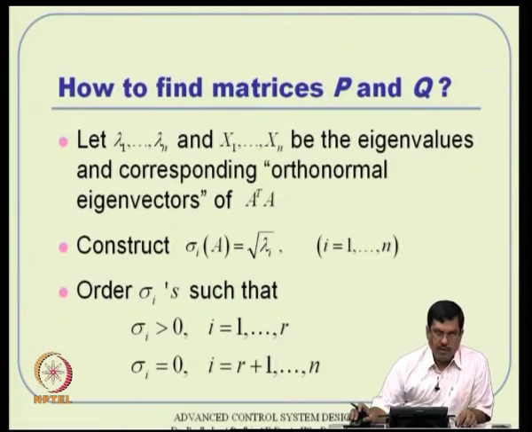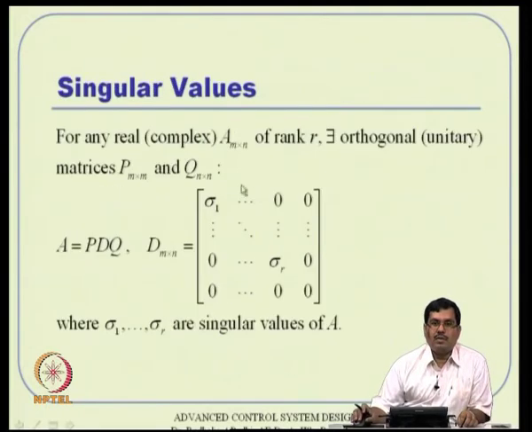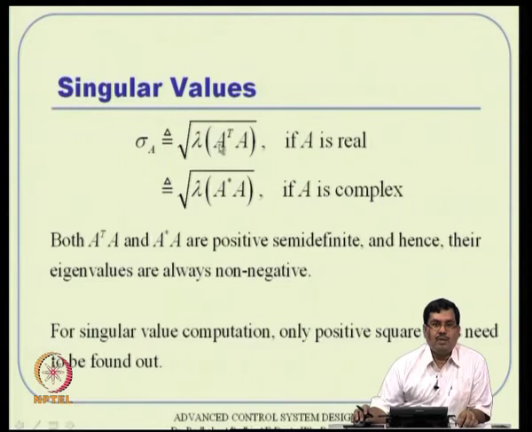Remember similarity transformation, we had a procedure to find the P matrix, we just took the eigenvectors and put them side by side. Now, how do you find P and Q, both matrices need to be found here. So, here is the procedure. First we find the eigenvalues and eigenvector pairs for the matrix A transpose A, remember that. By definition it is the eigenvalues of A transpose A, not eigenvalues of A only.